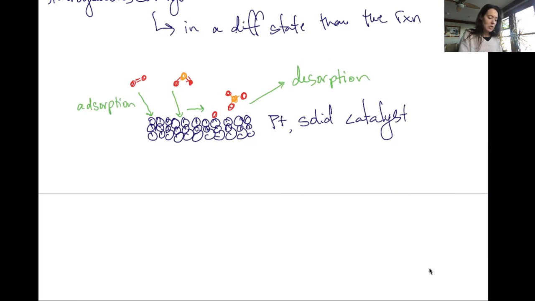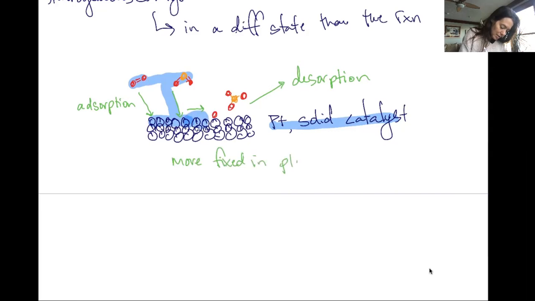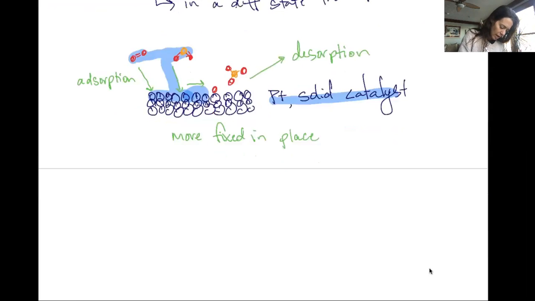So basically, these gaseous molecules adsorb onto the platinum solid catalyst. This allows them to become more fixed in place. They were gases all spread apart, now they're more fixed in place, and this increases collisions and aids in orientation.